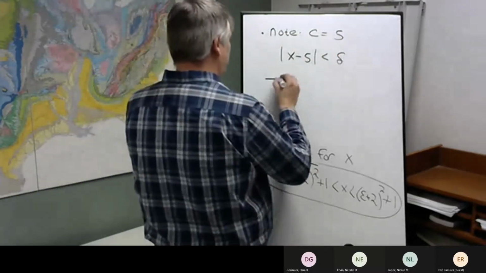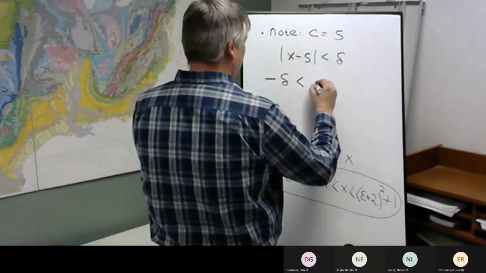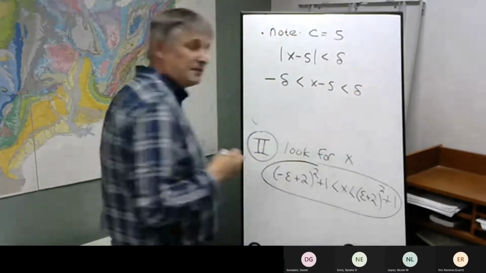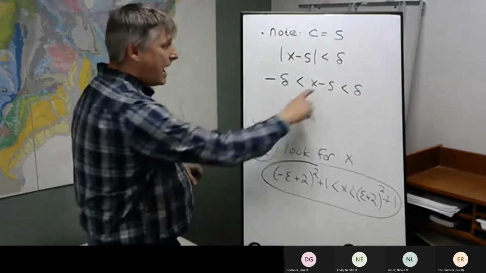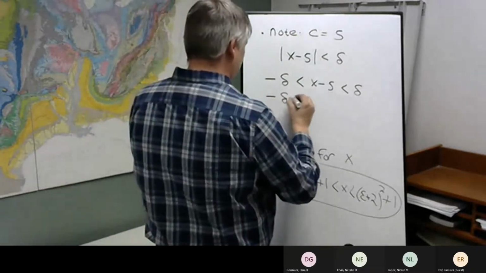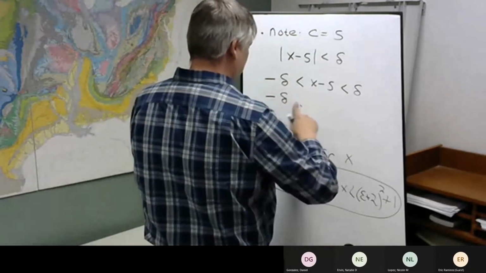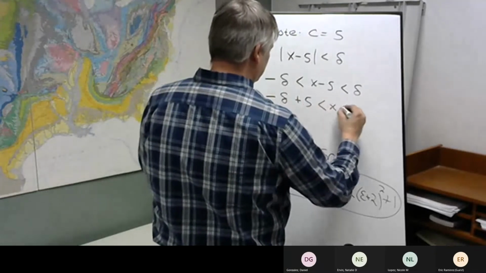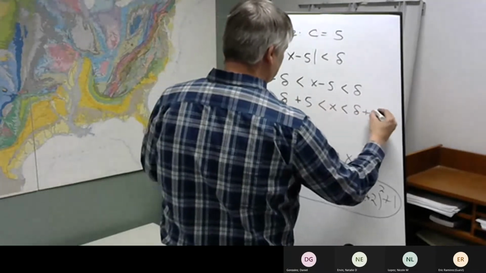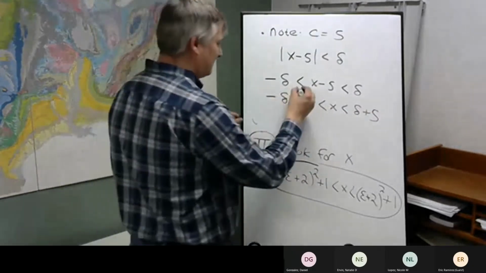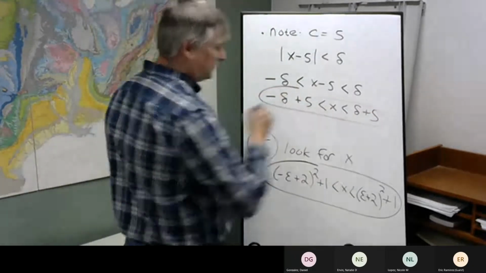Or negative delta less than x minus 5 less than delta. Add 5 to both sides. And so we have a statement for x. So we have 2 statements for x.